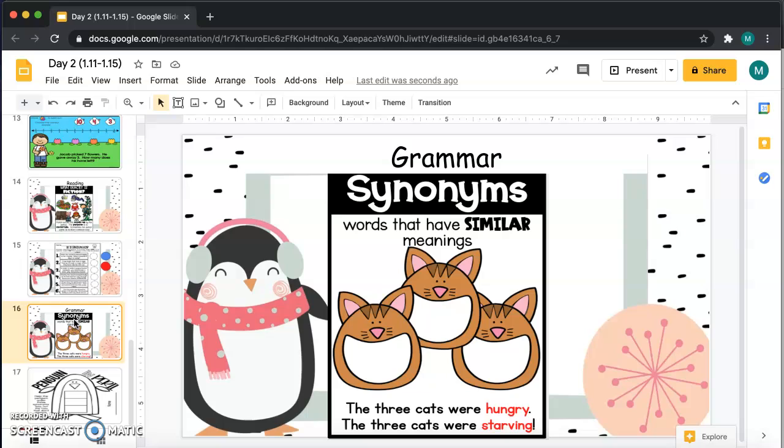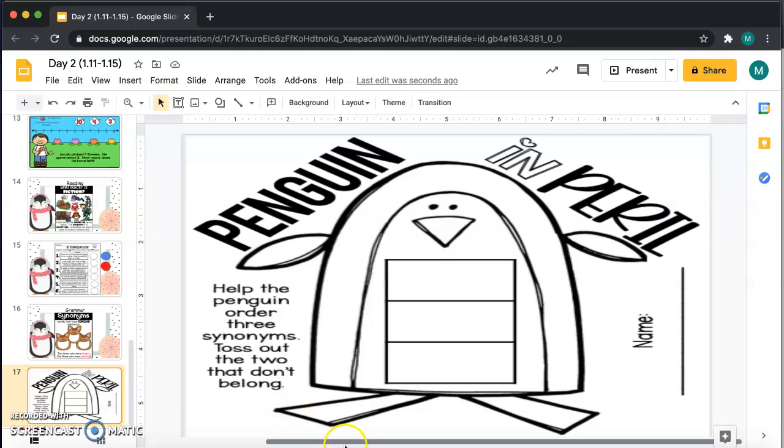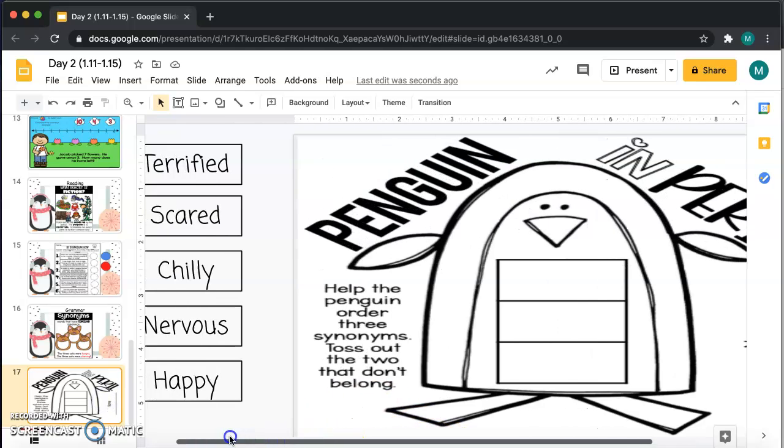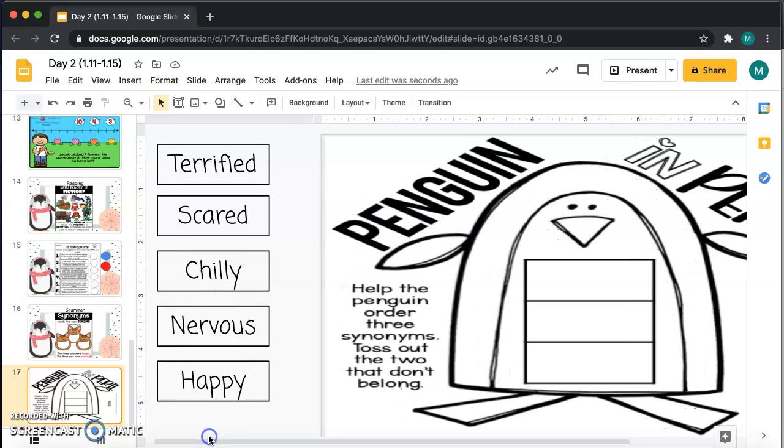The last thing you're going to do is working on your grammar, your synonyms. Remember, not cinnamon. Synonyms means words that have similar meanings. All right, so this penguin right here, Penguins in Pearl, you are going to help the penguin order these 3 synonyms, toss out the 2 that don't belong, okay?